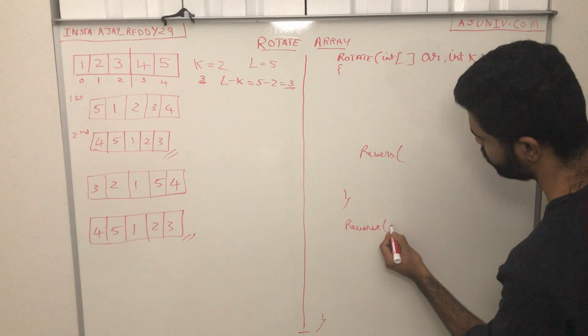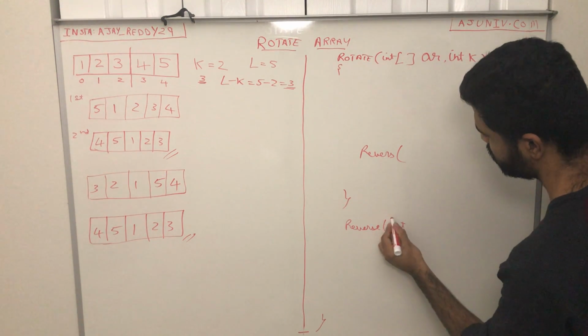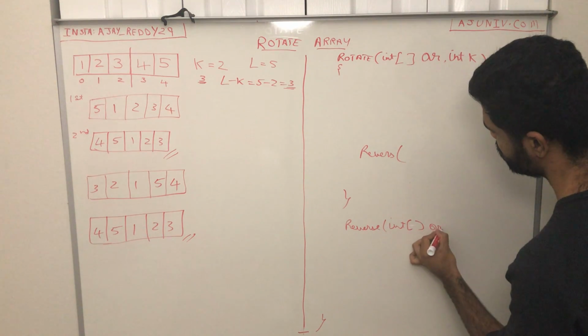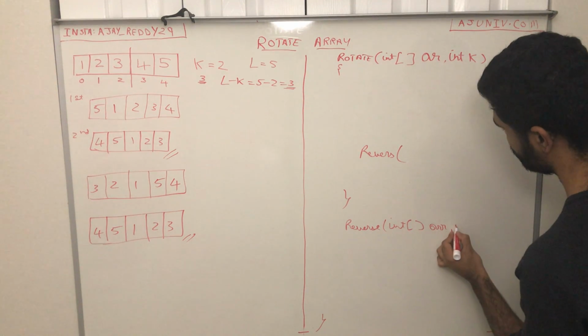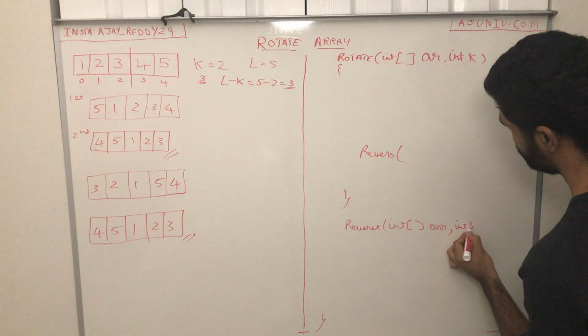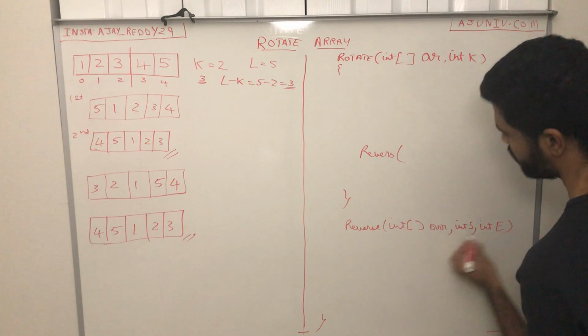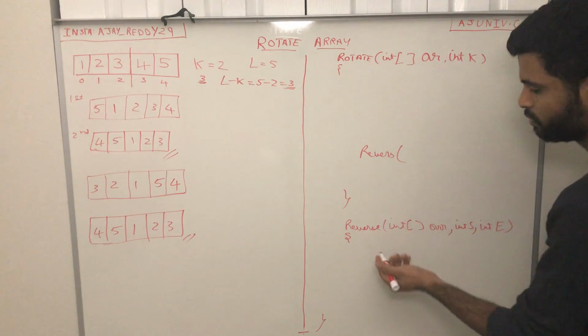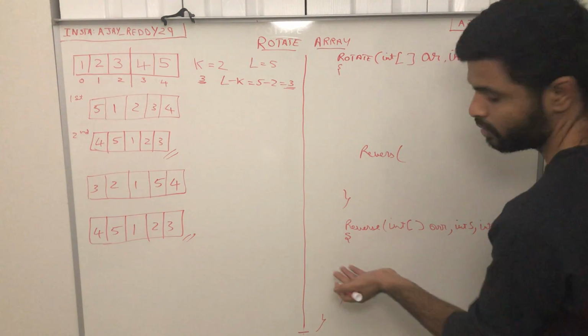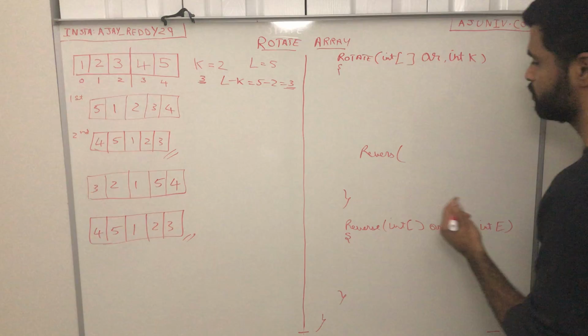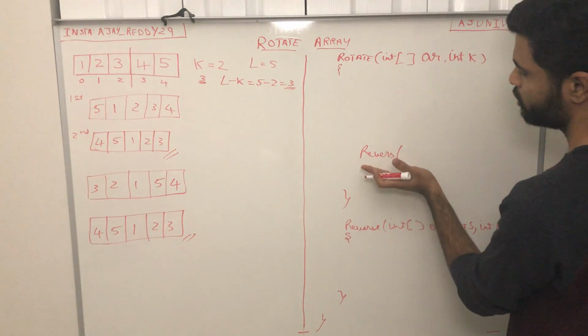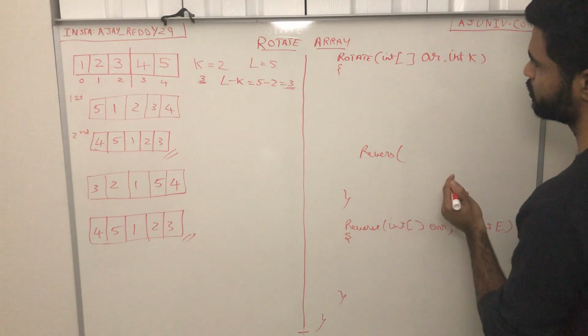The reverse function prototype would be array of integers, int start, int end. I will implement this just after this. I will call this reverse function 3 times in the main function.